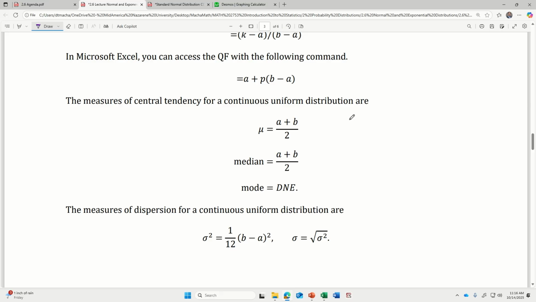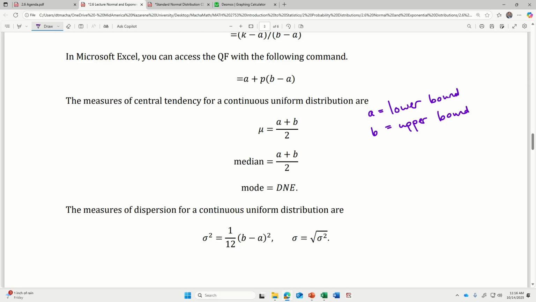So A is the lower bound, B is the upper bound, and if I want the center of this interval, I take A plus B divided by 2. That gives me the midpoint. And since this is a symmetric distribution, the mean and the median are the same.